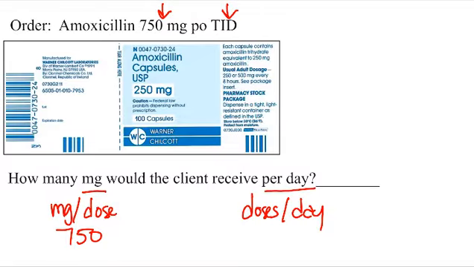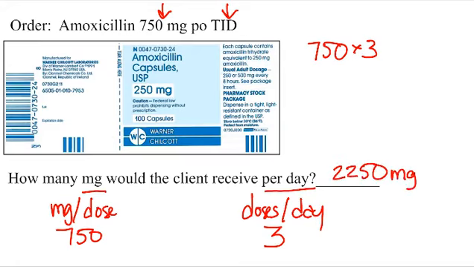TID. I know that means I'm giving it 3 times a day. 3 doses a day. So my math here is going to be 750 times 3. I go to my calculator, 750 times 3, and that's going to equal 2250. 2250 what? Milligrams per day. Make sure you label that, write it over the line.